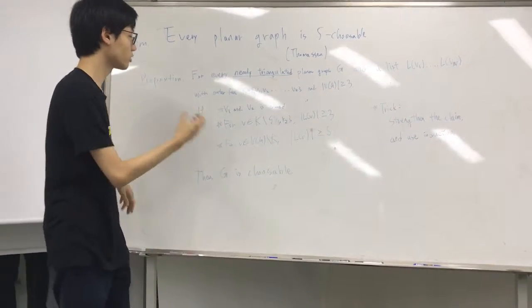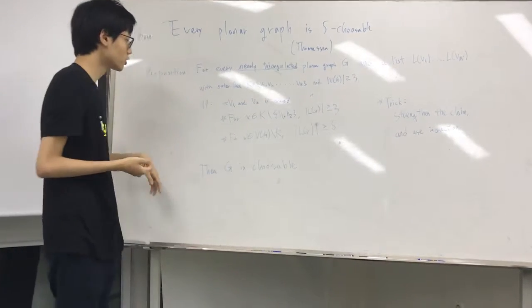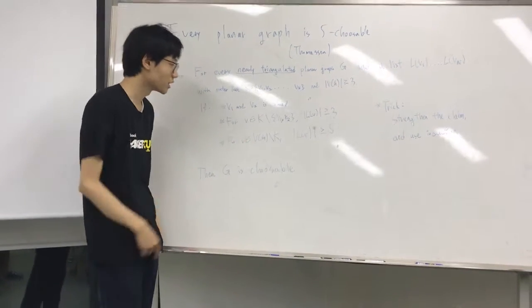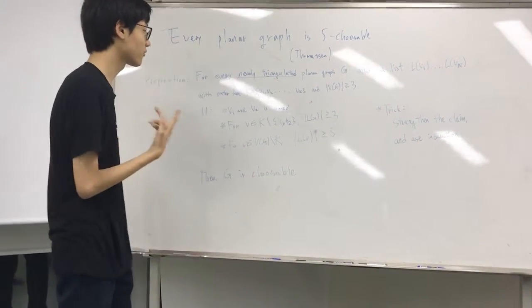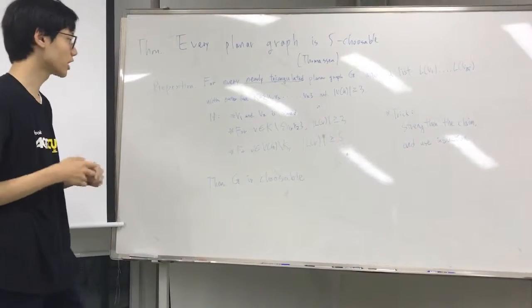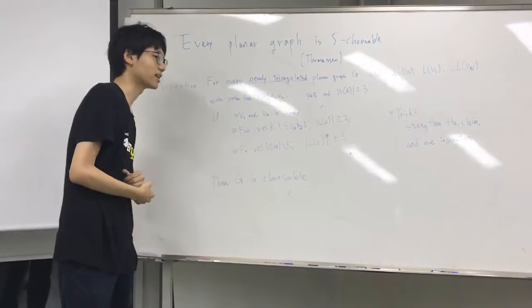But we have a list of size 5, so this is more than enough. Also, for every vertex that is not in the outer face, the size of the list is at least 5. This is the same as the original one. Then we can show that G is choosable, and we will soon show this by induction.